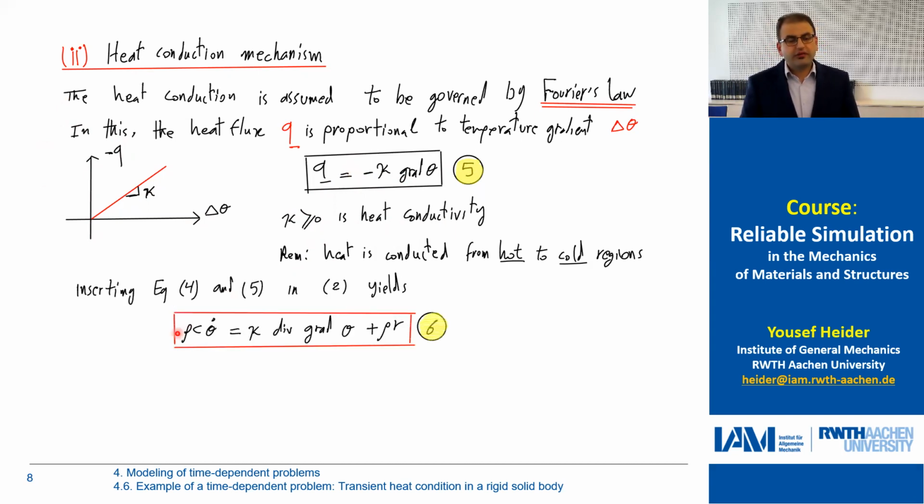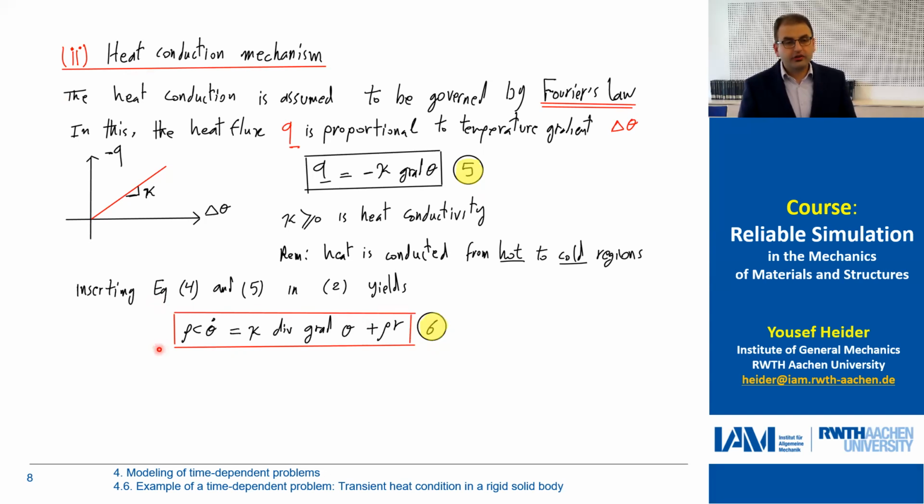Now, if we have specified the heat flux, and also the relationship between the rate of the internal energy and the rate of the temperature, we can insert equations number 4 and 5 into the original energy balance equation, which gives us now a simplified form of the energy equation for a rigid body.